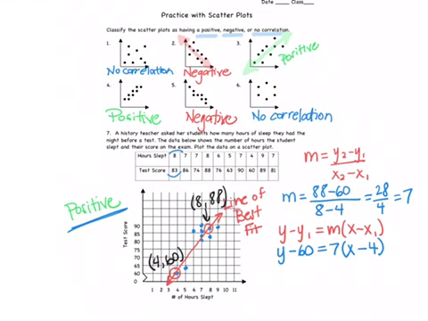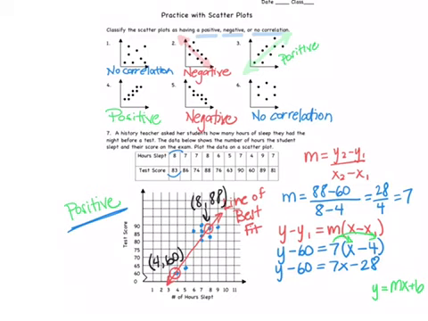If we want to put that into slope intercept form, remember slope intercept form is y equals mx plus b. So if I want to get it to look like that, the first thing I need to do is distribute this 7. So y minus 60 would equal 7x minus 28.